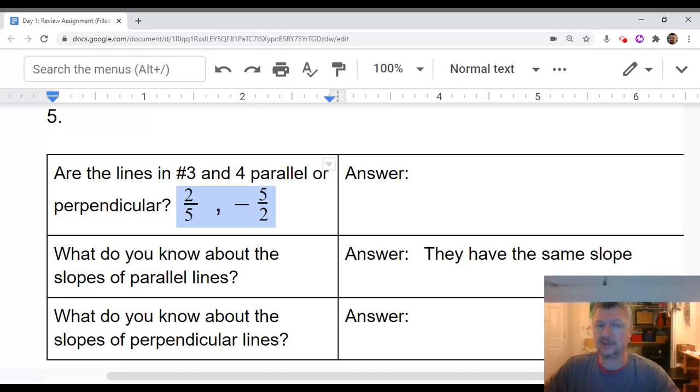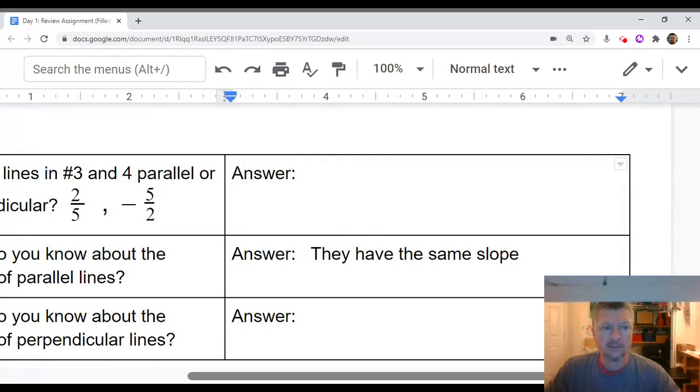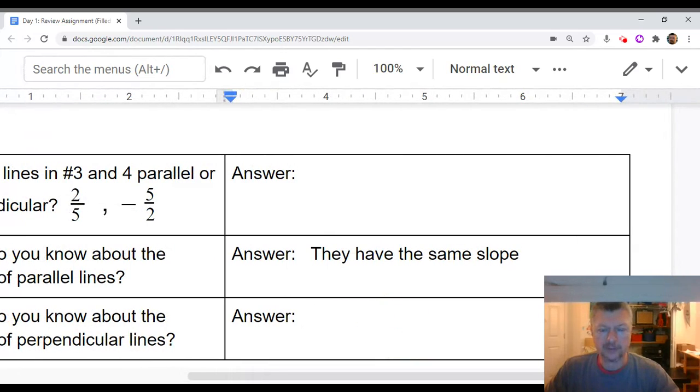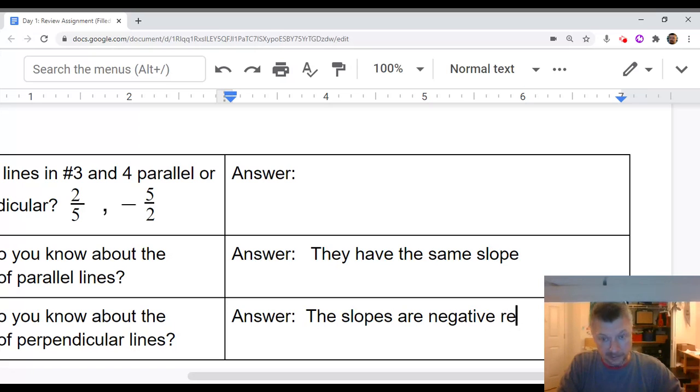There is some stuff in there that's similar, though. Because in perpendicular lines, the slopes are negative reciprocals. Let me write that down and we'll talk about it. Slopes are negative reciprocals. Good.